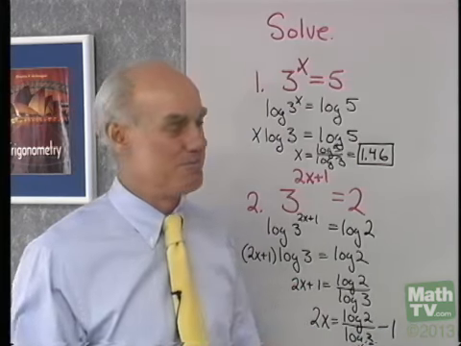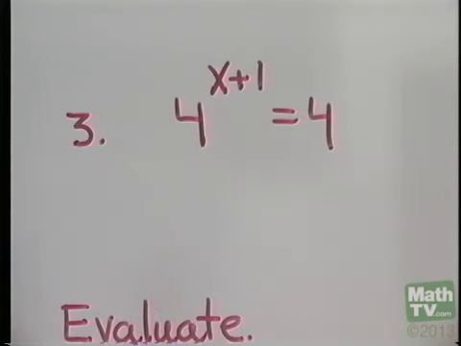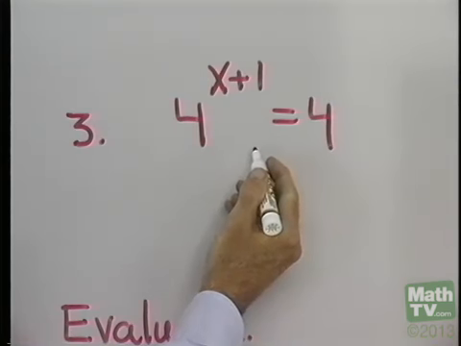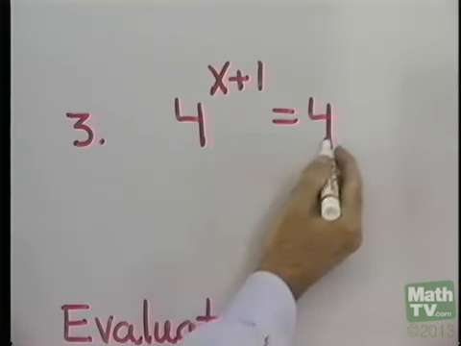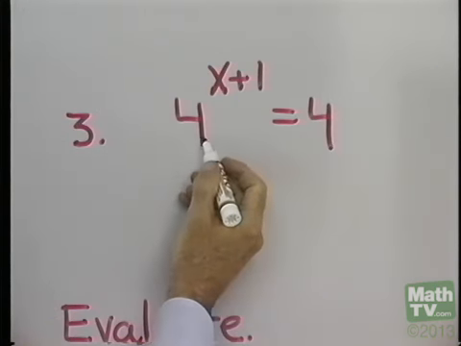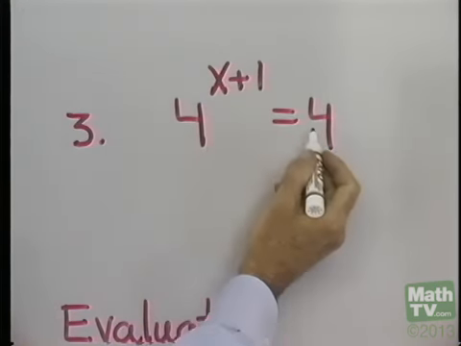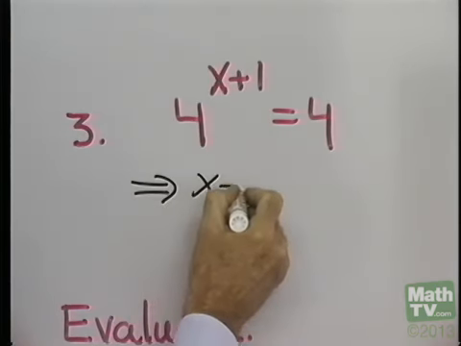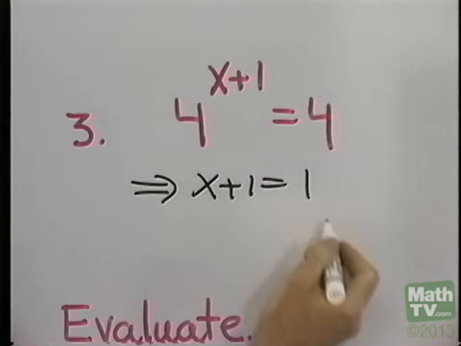Here's one more problem. We have 4 to the x plus 1 is equal to 4. Now, we don't want to forget with all our fancy properties and things here that there's some problems that are still easier to solve without logarithms. And I know by looking at this equation that 4 to the first power is going to give me 4. That means that this exponent, x plus 1, has to be the number 1.